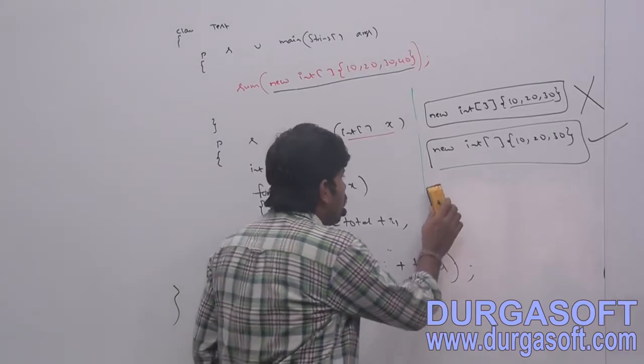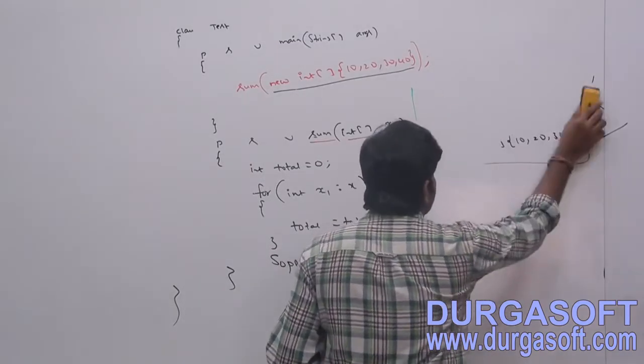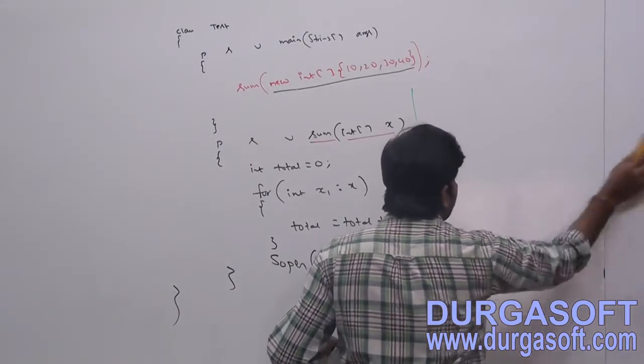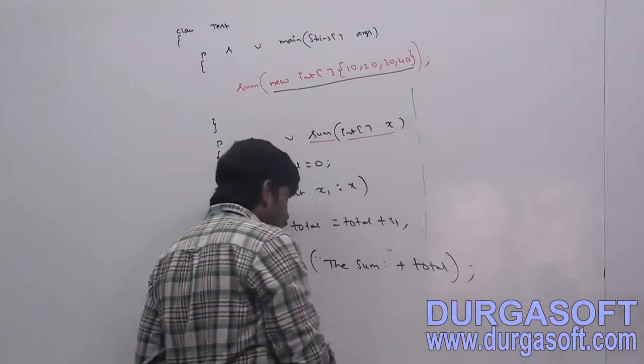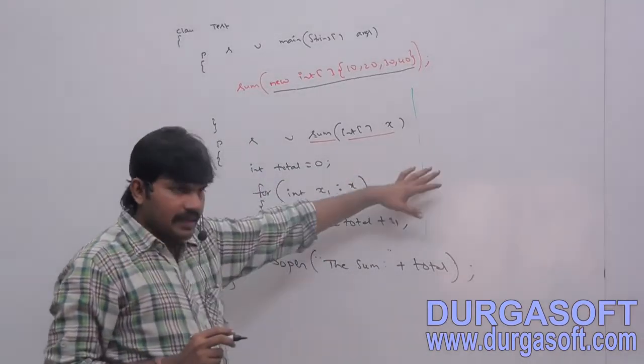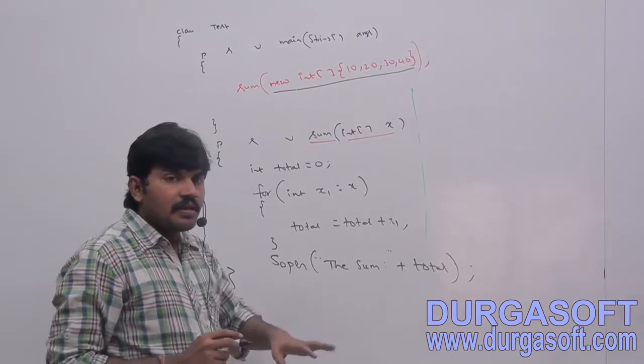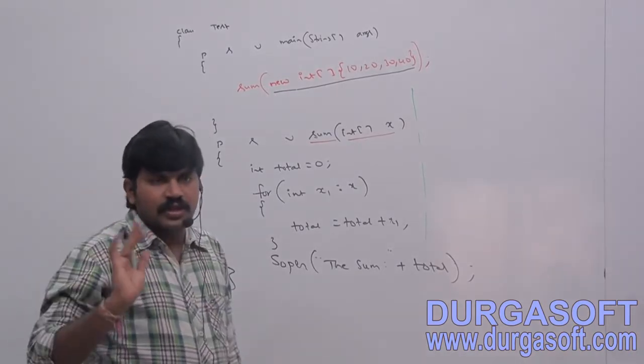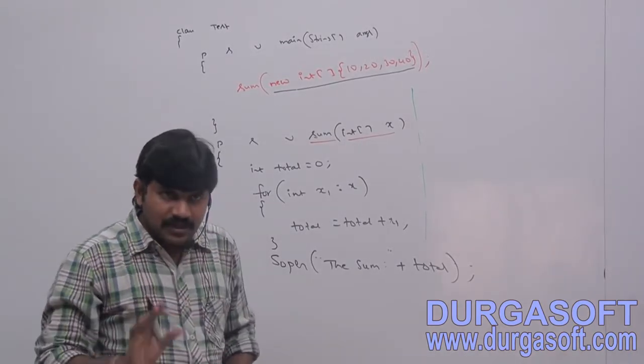Okay. Now, this is one possibility we have. Now the next one: we can apply this technique, I mean anonymous arrays, for multi-dimensional arrays also. We can create multi-dimensional anonymous arrays also.